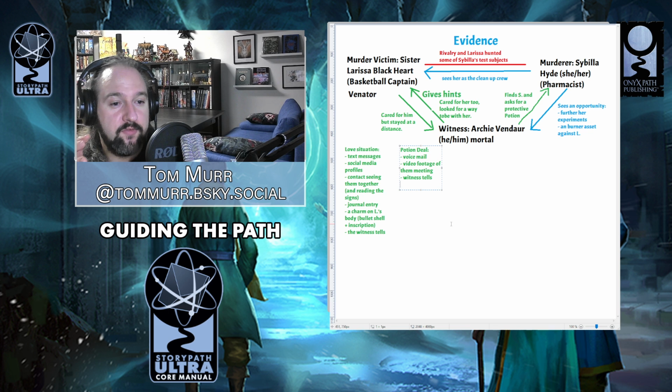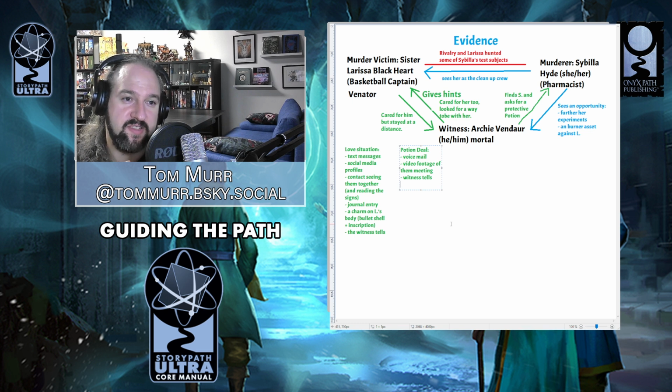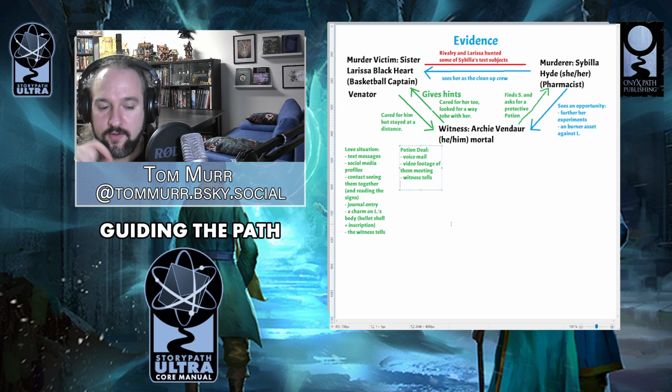And so, if the players know about the potion deal with Archie, who just had an almost fatal car accident, this might put pressure onto Sibylla. And then you get the enhancement on your interrogation roll or observation roll or whatever you're doing to find out what's going on with Sibylla. Okay.